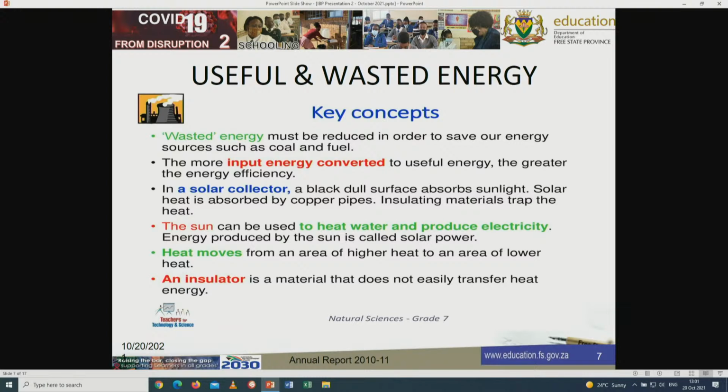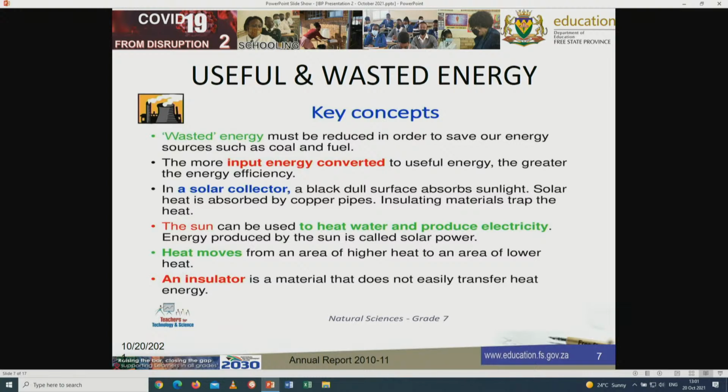That heat can be very useful to us. Remember I said, once the heat is there, that energy is there, we use it rightfully so, we can be able to save it for the future.